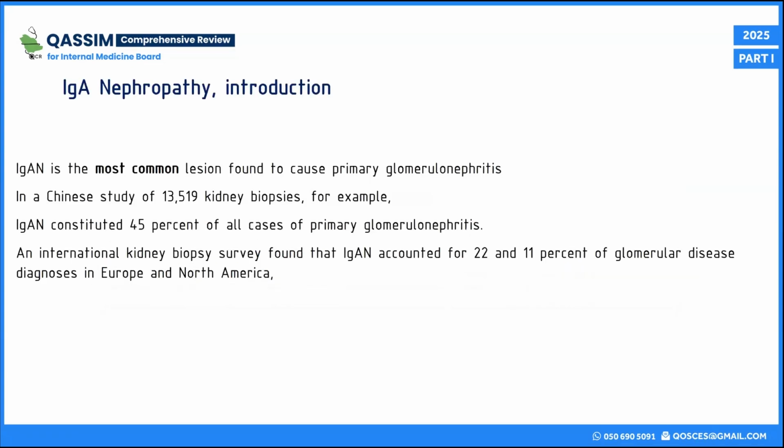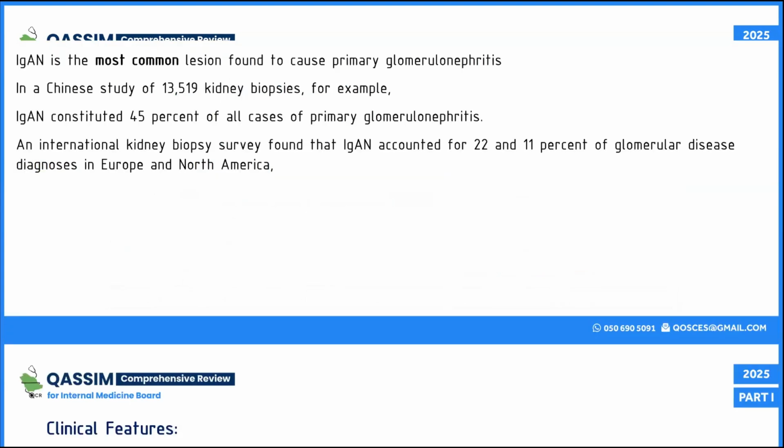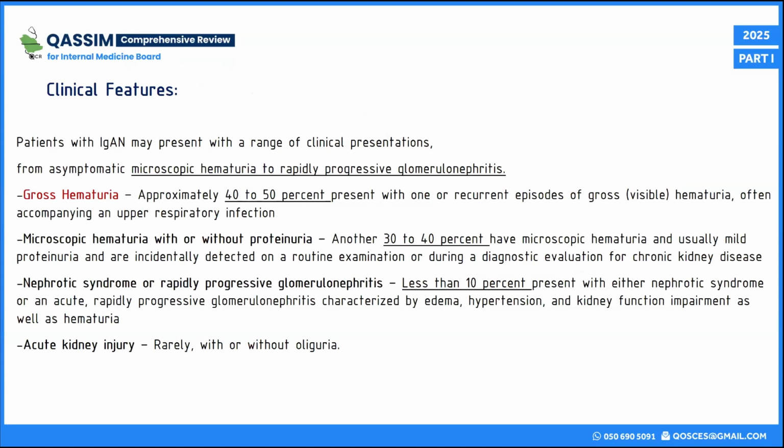Okay, I'll talk just in brief about IgA nephropathy. It is the most common lesion found to cause primary nephritis. What are the clinical features of IgA? The patient may present from asymptomatic microscopic hematuria to RPGN. Just remember that IgA nephropathy can end with RPGN or end-stage kidney disease. Most of the patients come to the clinic with gross hematuria.